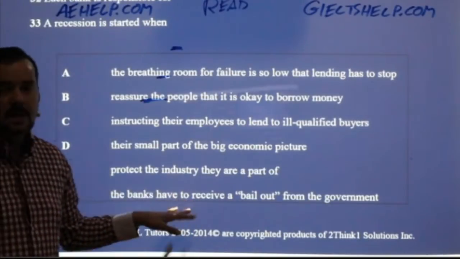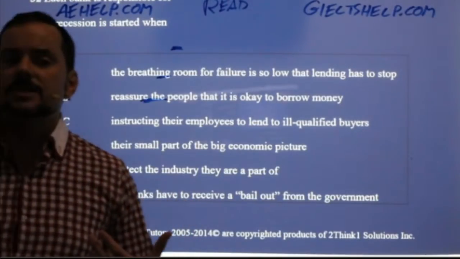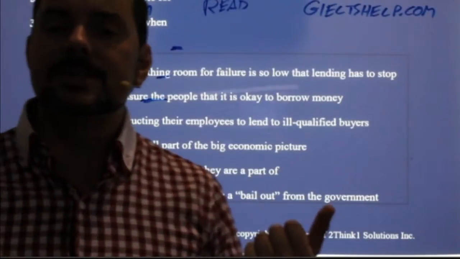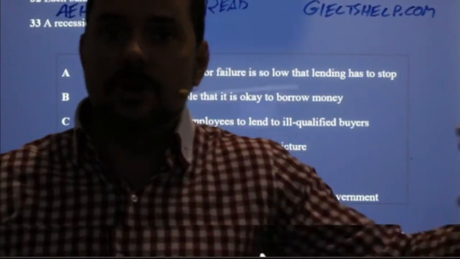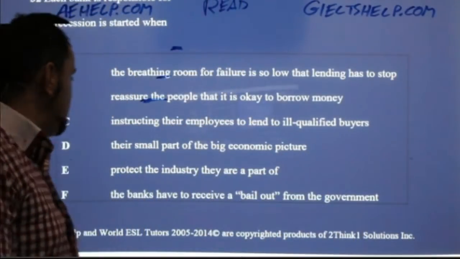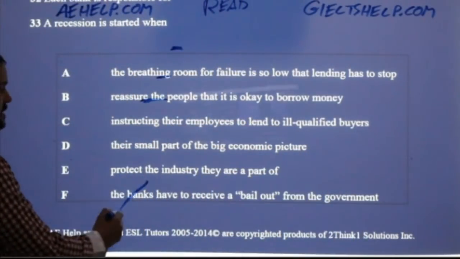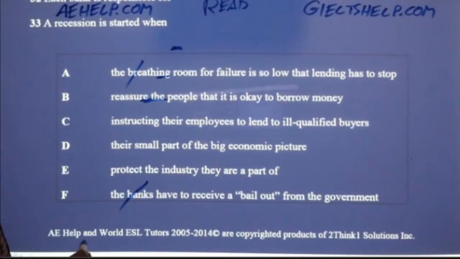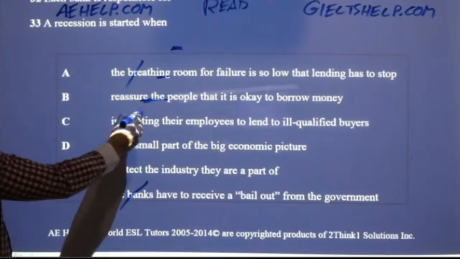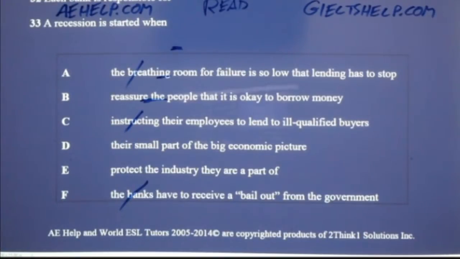Banks have a responsibility to the banks have to receive. No. Okay. So these kinds of questions, they have to make grammatical sense, and they have to be a correct sentence when they're put together. So because of that, I know that this and this are impossible. Okay. This is awkward writing as well.